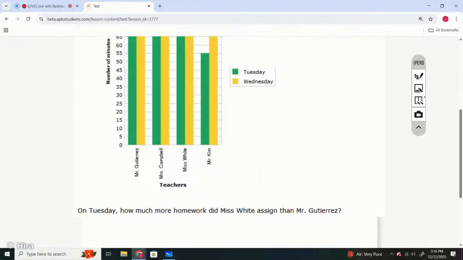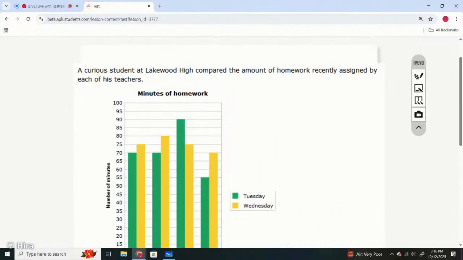Okay, the next one is: a curious student at Lakewood High compared the amount of homework recently assigned by his teachers.